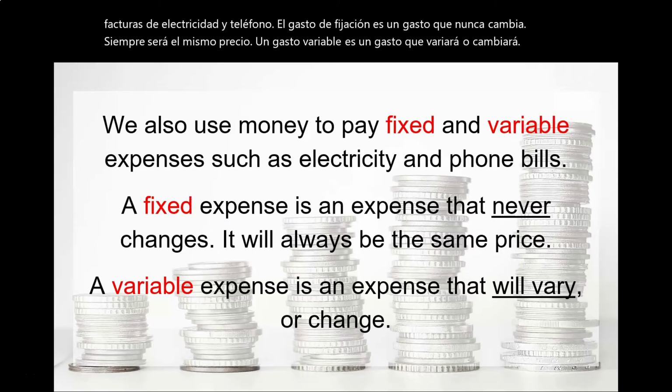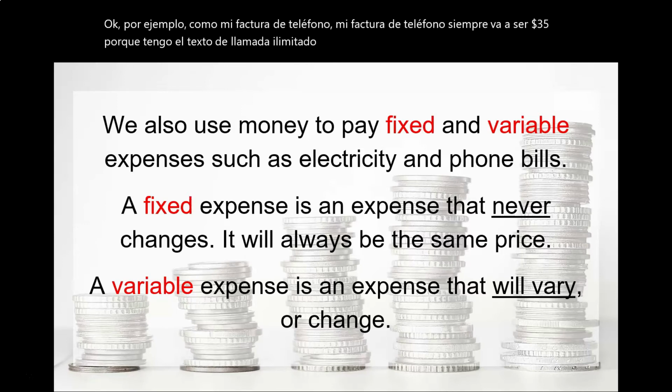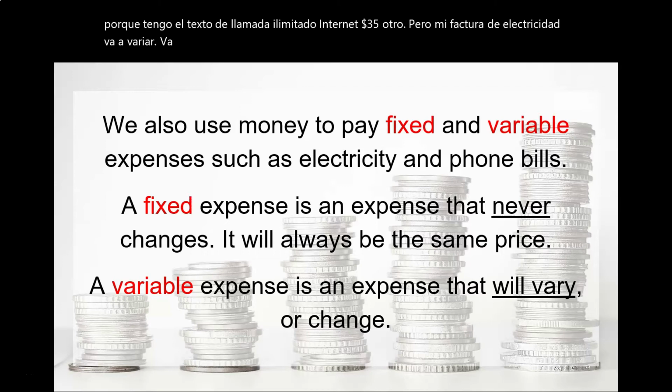For an example, my phone bill is always going to be $35 because I have the unlimited call, text, internet. $35 no matter what. But my electricity bill is going to vary. Some days I'm going to use more electricity, some days I'm not going to use electricity, so it just depends. It's going to change, okay?